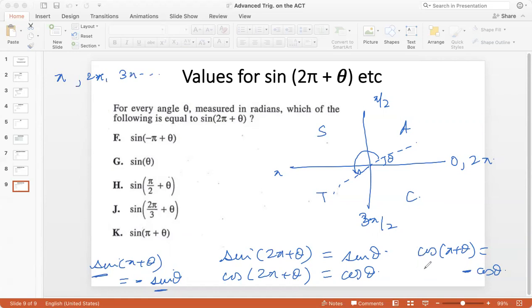But the sign may depend on which quadrant my final angle lands in. When it was pi plus theta, it landed in the third quadrant, and so sine and cos became negative. When it was 2 pi plus theta, it came back to its original position, and so they did not change. So this is something to remember with respect to the ACT trigonometry questions.